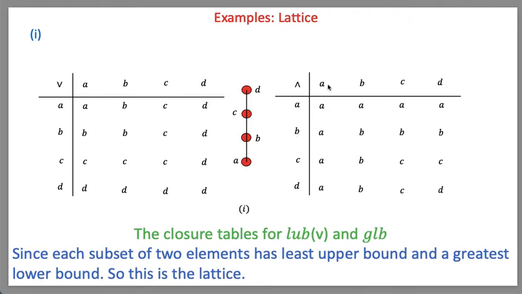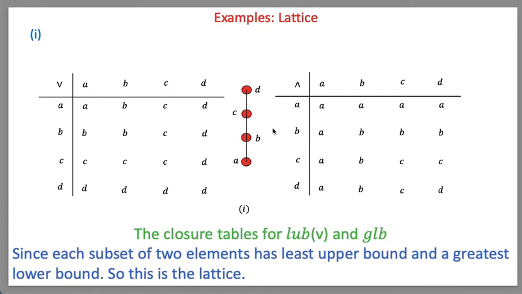Now B and A: the greatest lower bound is A. B and B is B. B and C is B. B and D is B.